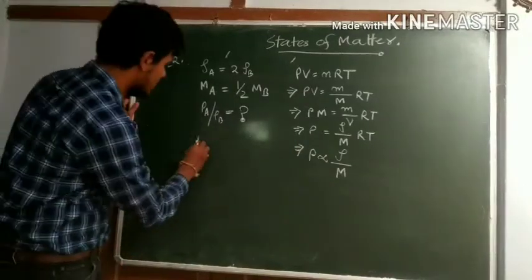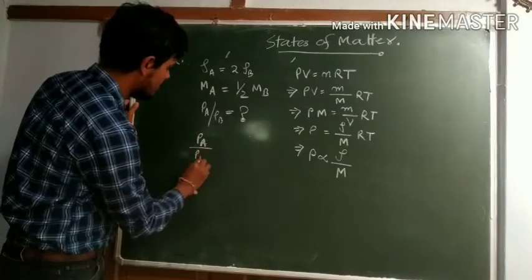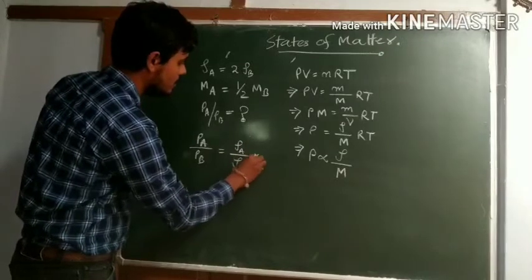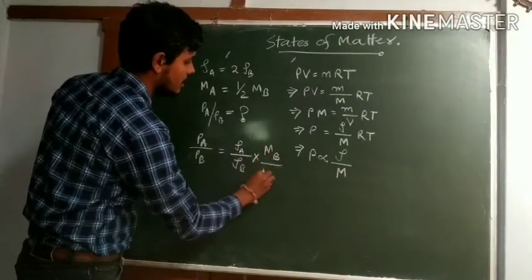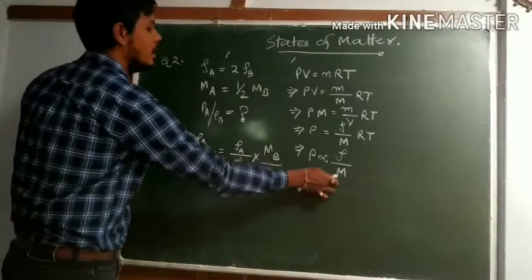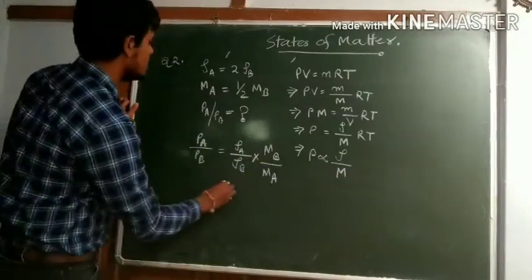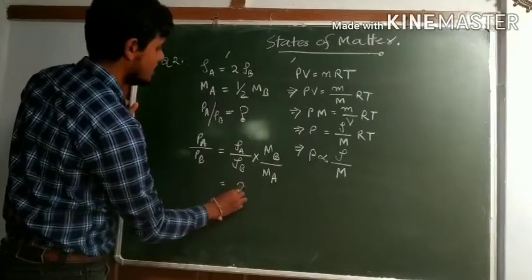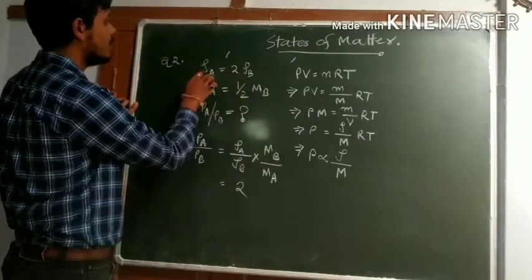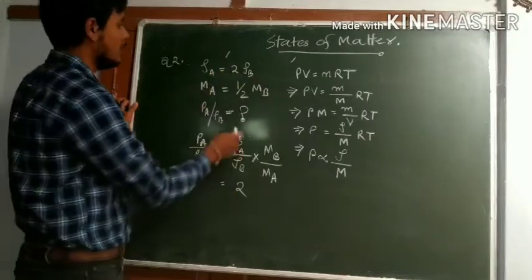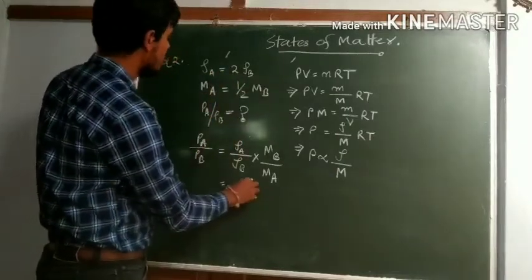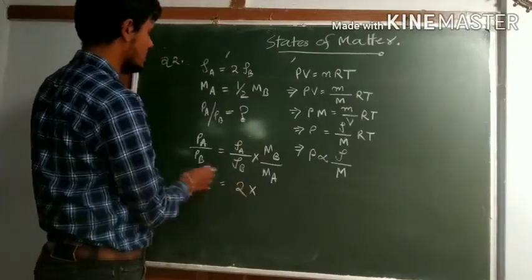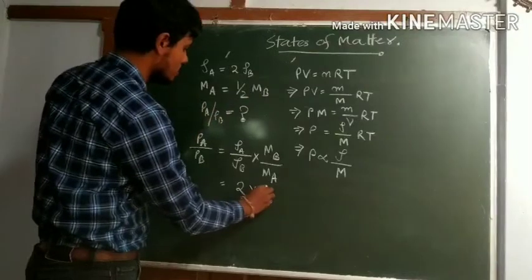So we can write PA by PB equals rho A by rho B into MB by MA. Since M is inversely proportional to P, rho A by rho B comes out to be 2, and MB by MA comes out to be 2.